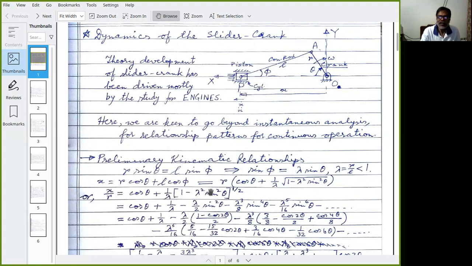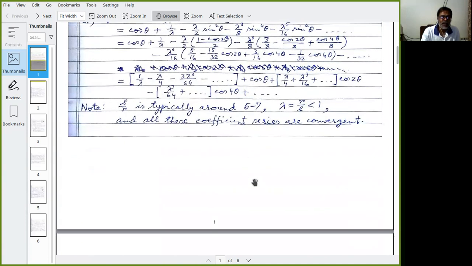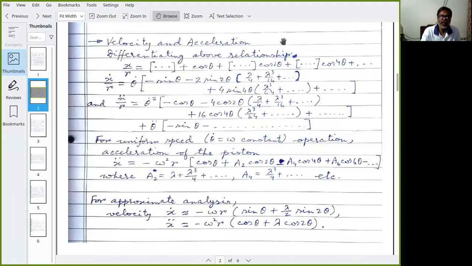After the position analysis is done, then you go to velocity and acceleration. So to differentiate the above thing, this x by r expression: something plus cos theta plus something cos 2 theta plus something cos 4 theta and so on. As you differentiate both sides, the constant goes away. From here you get minus sin theta.